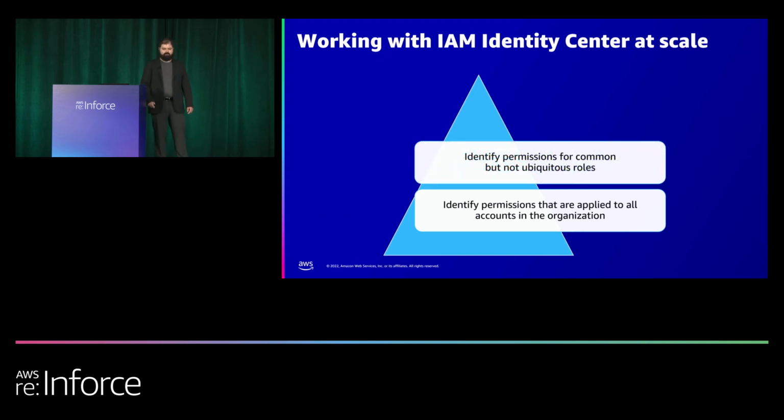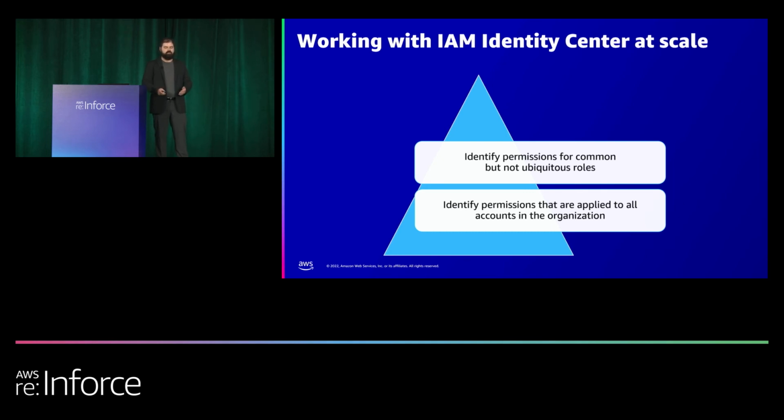And so second, identify the permissions for common, but not necessarily applied to all accounts, types of roles and groups. And so this can be things such as EC2 users. This can be the administrators for EKS, for Kubernetes. When you identify these different users and groups, you can also identify the permissions that are common across those users and groups.